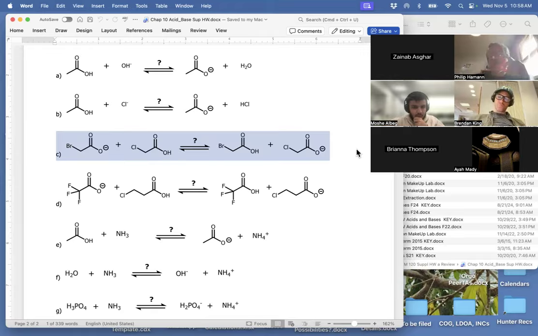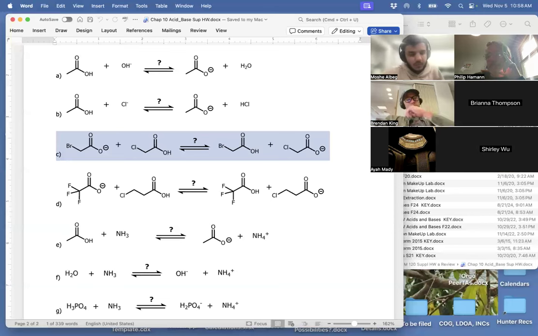Again, let's focus on the reason. It's because of induction. Is chlorine going to have a larger inductive effect or bromine? Which is more electronegative, chlorine or bromine? Electronegativity decreases as you go down a group on the periodic table.